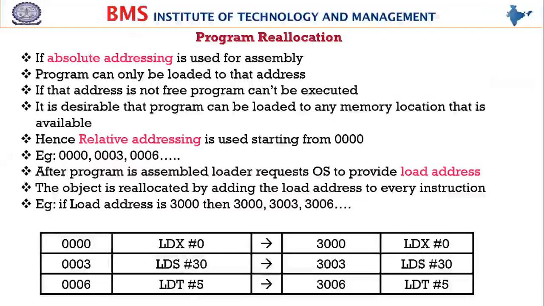We assembled it using 000, considering the address, but now it is going to become 3000. Similarly, the address at LDS at 0003 will be changed to 3003. These are all immediate addressings, so we don't have any issues with them.